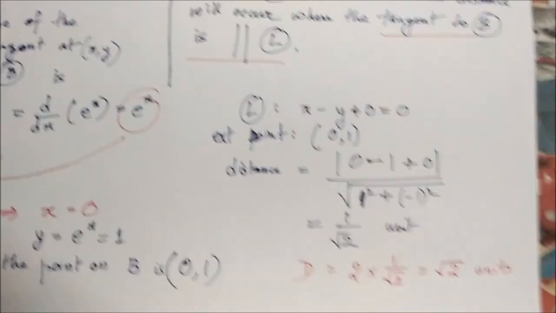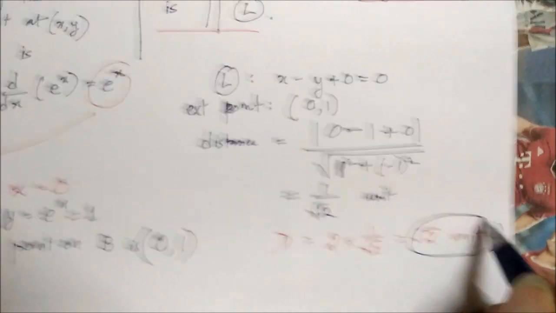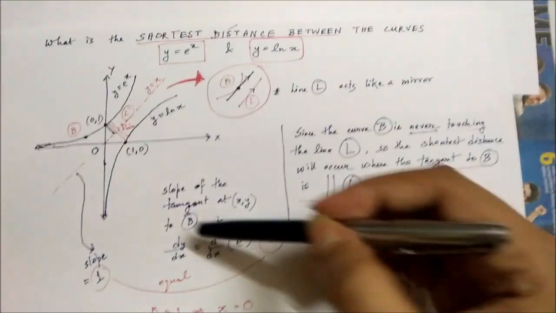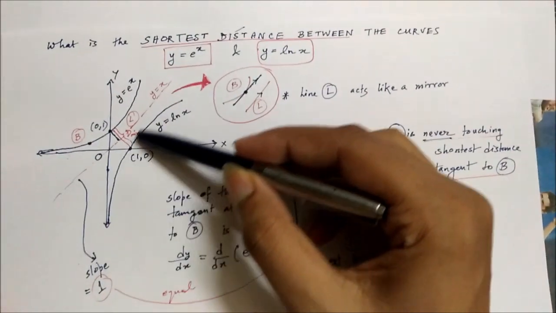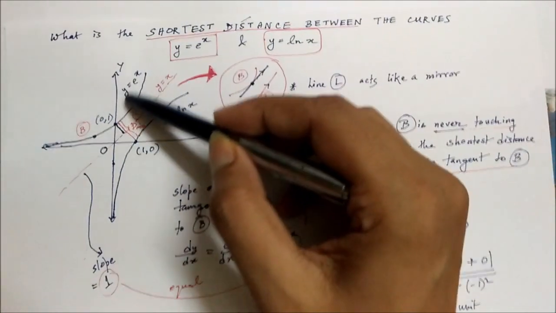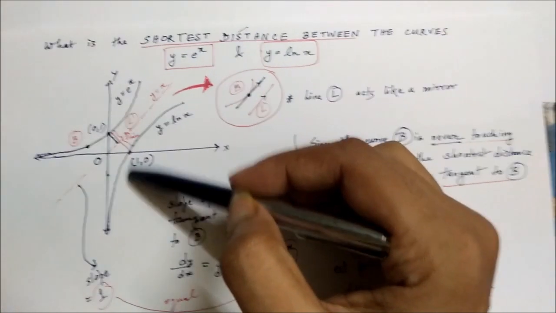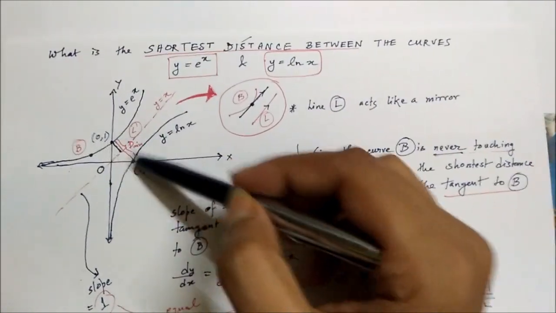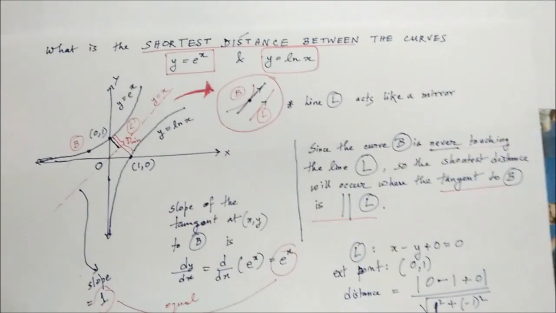So there we have it, the shortest distance between these two curves is root 2 units. So the moral of the story: if there are two people, one following this path, another following this path, they can come closest when each of them is cutting the coordinate axis respectively, and root 2 is the closest they can get.